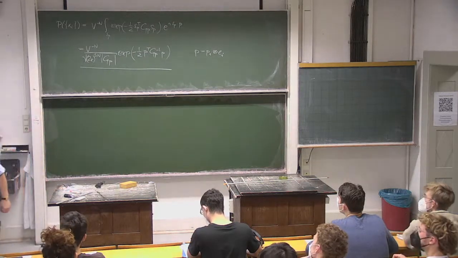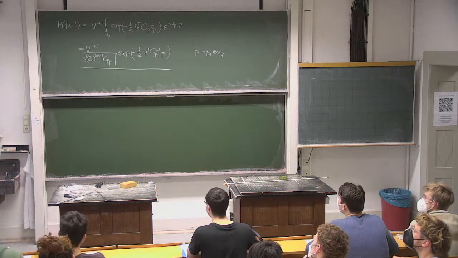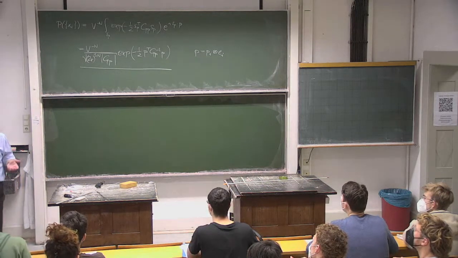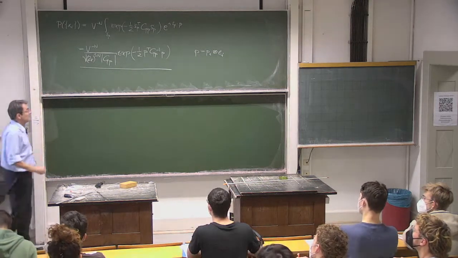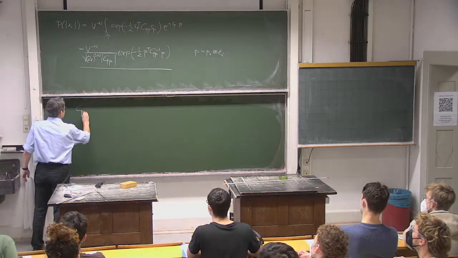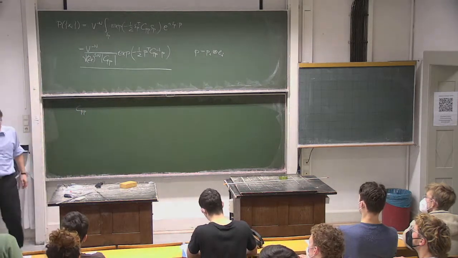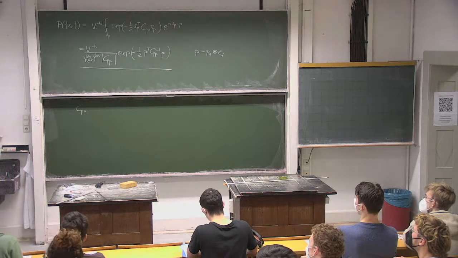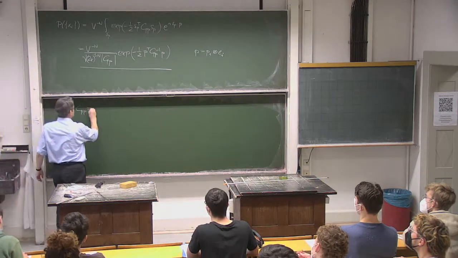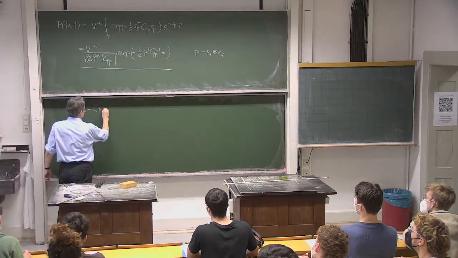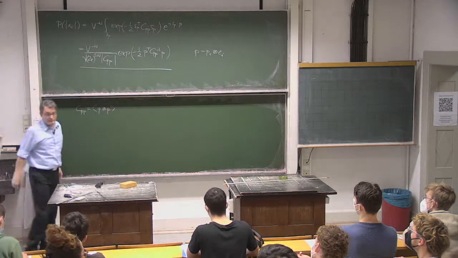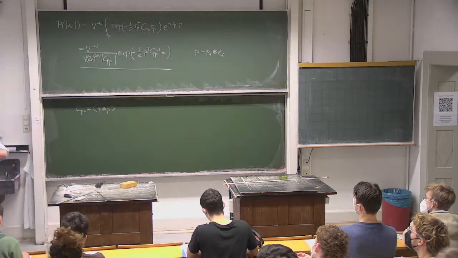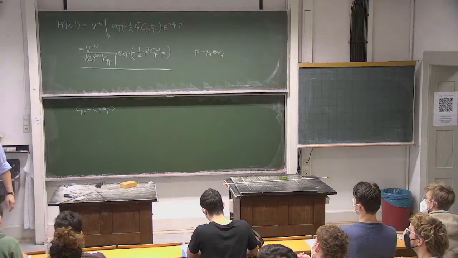Okay, now let's have a look at one representative entry in the covariance matrix C_pp. The full thing is rather complicated. Look, it's going to be the average over P tensor P, and P is the whole tensorial structure of all momenta.